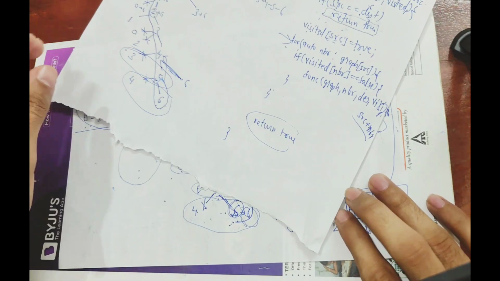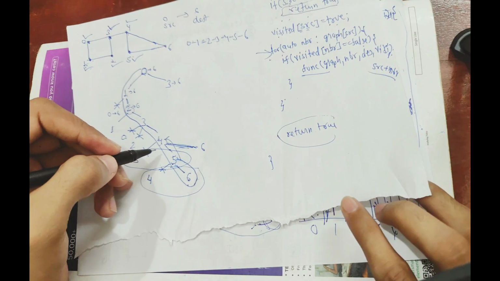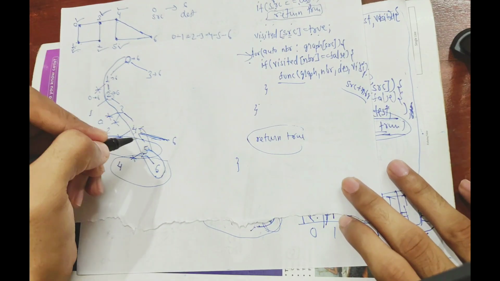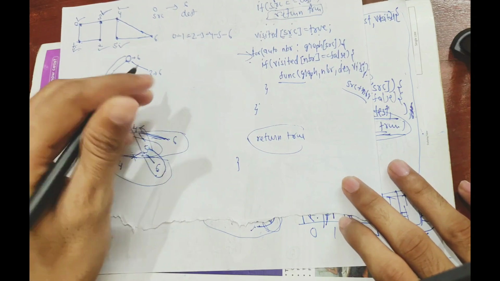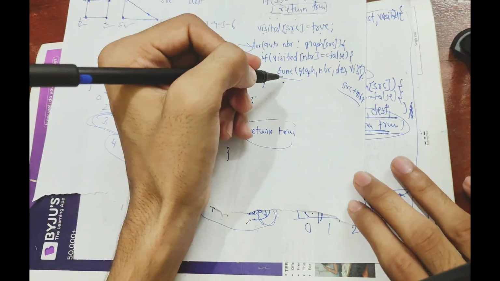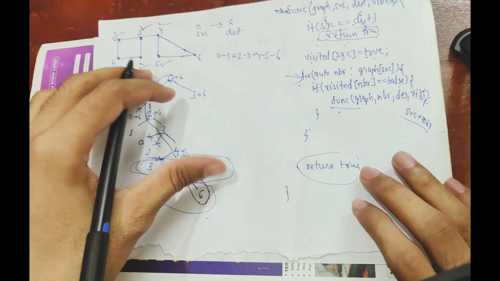But in this code we are not writing this part. Why? Because we want all the possibilities, so we will not be returning from this point until we have checked all the neighbors. That's why we are removing this line in this code.